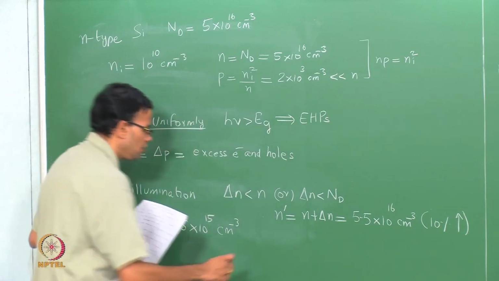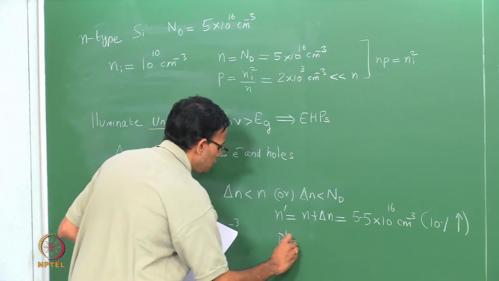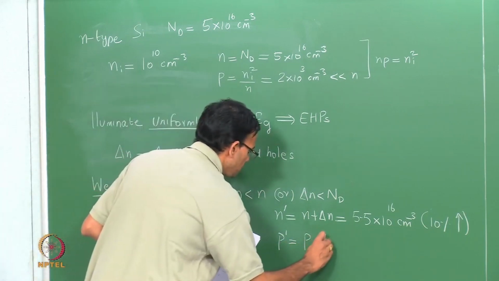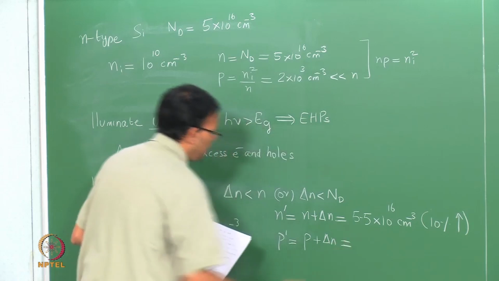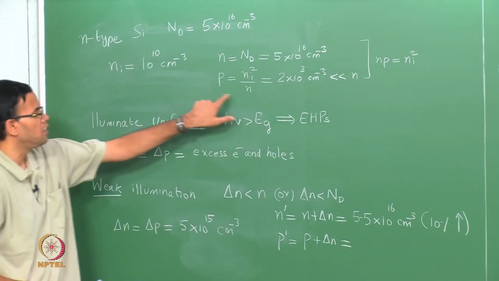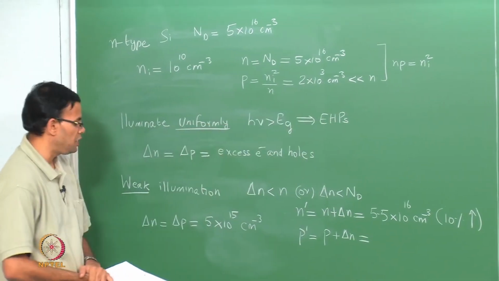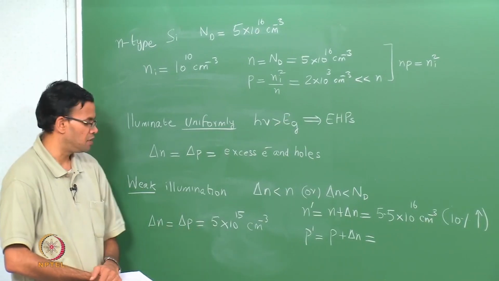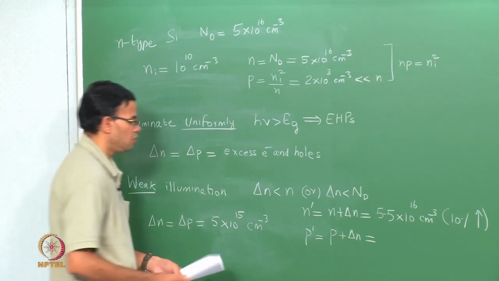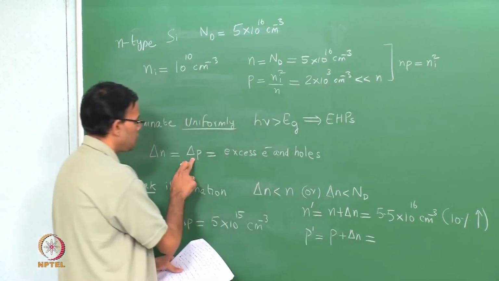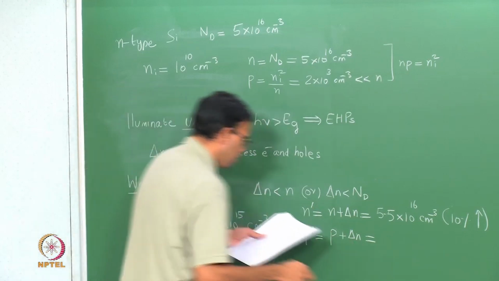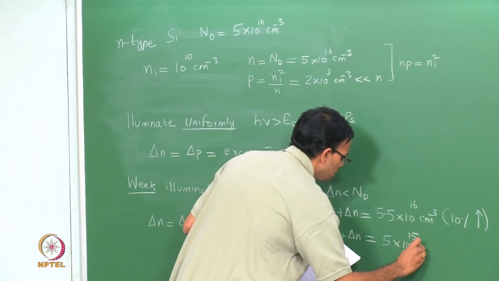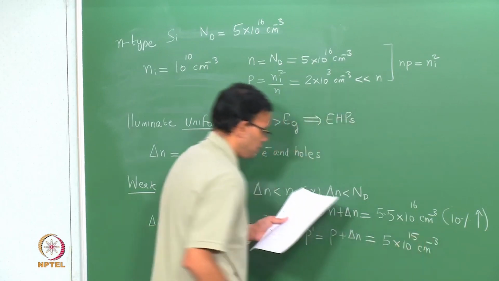On the other hand, your new hole concentration P prime is P plus delta N, but your P originally is very small, 2 times 10 to the 3, while the number of carriers you have generated is 10 to the 15. So, it is P plus delta N, which is the same as delta P. So, it is equal to 5 times 10 to the 15.